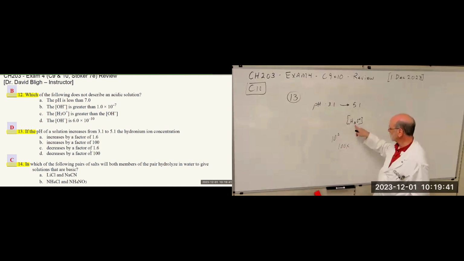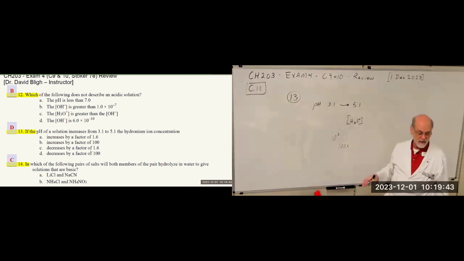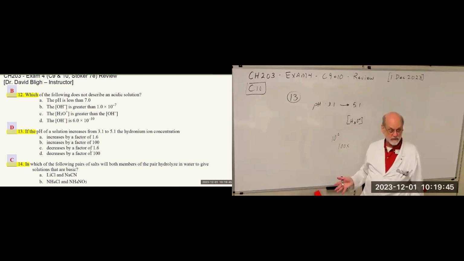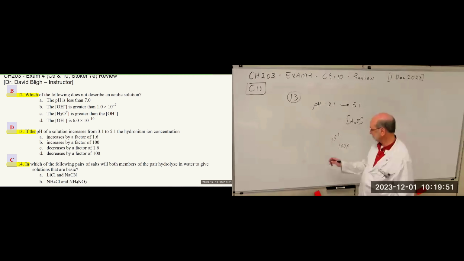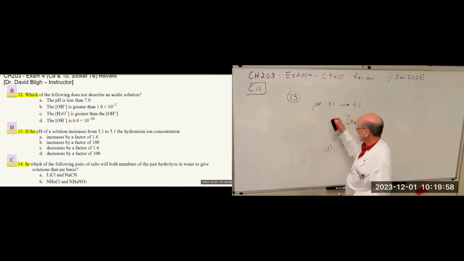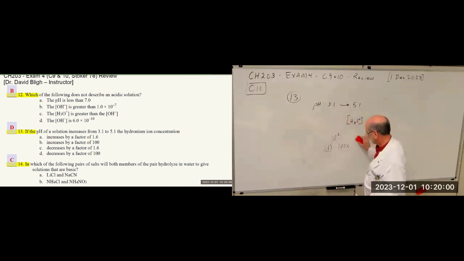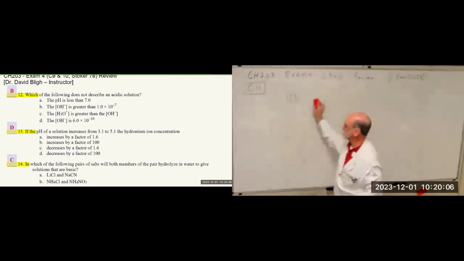So you decrease this concentration by 100 times, or 1/100th of its original concentration. Decrease by a factor of 100 is D. That's the point of this one, to see if you remember that that's a logarithmic scale, and this is a linear scale: actual concentrations.